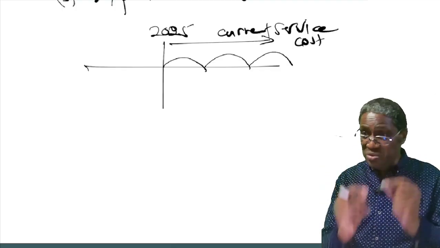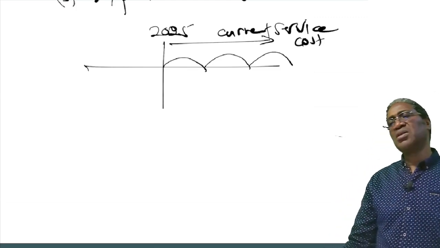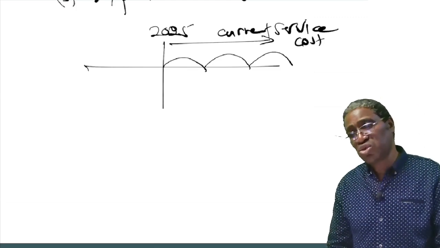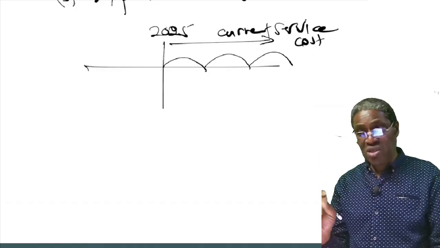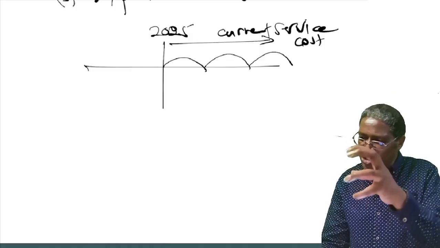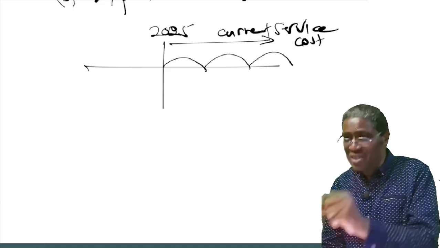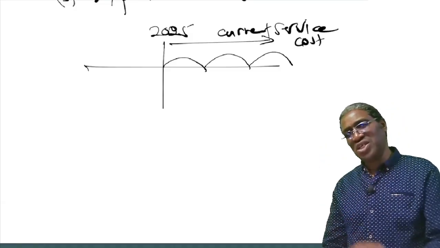Those contributions made to the fund after the scheme has been initiated, that kind of contribution is what we call a current service cost. That's all we can say about current service cost: the contributions made to a pension fund for services rendered after the scheme has been initiated.